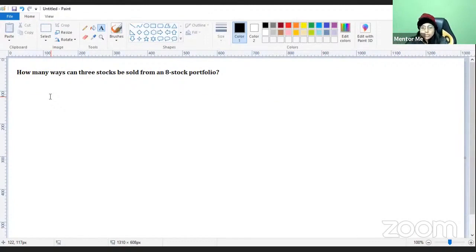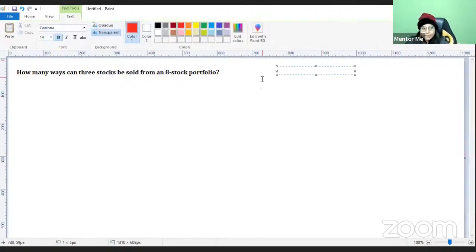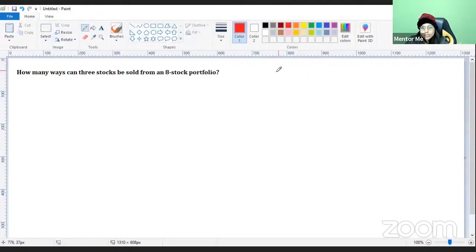So the total number becomes n, which is 8, and r, which is our targeted thing. We want to see how many ways there are that we can sell 3 stocks. So r becomes 3. We are just trying to find the number of ways in which we can sell 3 stocks out of 8 stocks that we have.